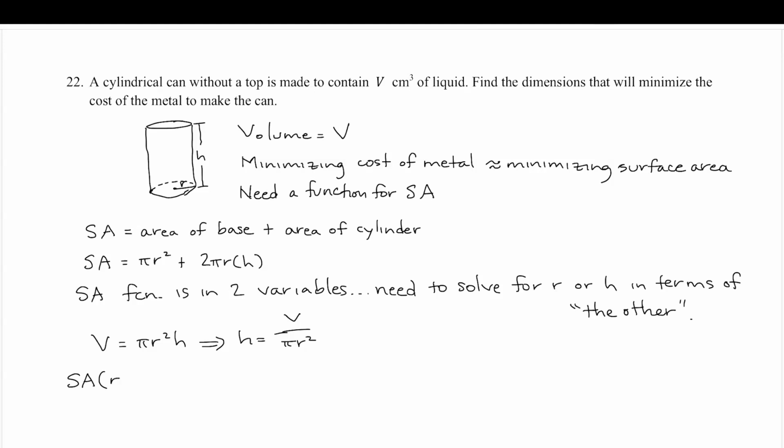Okay, so now my surface area function as a function of radius is pi r squared plus 2 pi r times this h, V over pi r squared. And I can do, again, a little bit of simplifying here so that I have pi r squared plus 2V over r.